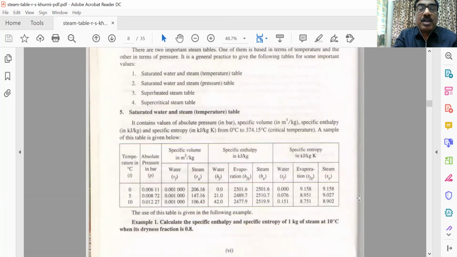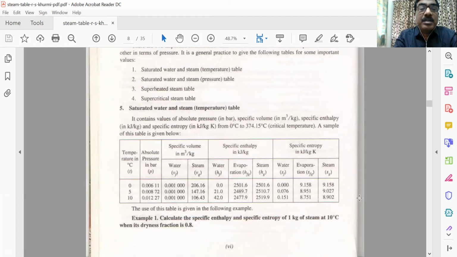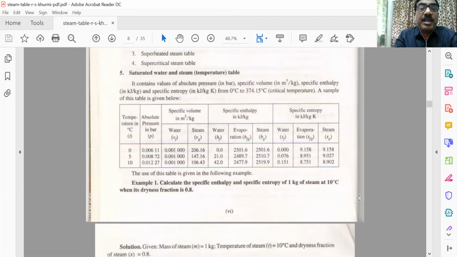So what are the columns available? If you take the temperature table, the first column is the temperature. The temperature is in degrees centigrade, absolute pressure is in bars, and you can see specific volume. So what are VF and VG?